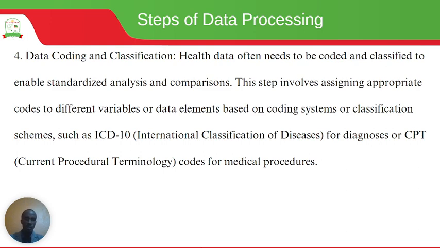And the commonest include the ICD-10, or the International Classification of Diseases for Diagnosis, and another being CPT, the current procedure terminology codes for medical procedures. So all these categorize diseases, and can always be used to do this coding and classification, so that analysis will be easier. We shall look at analysis in depth.